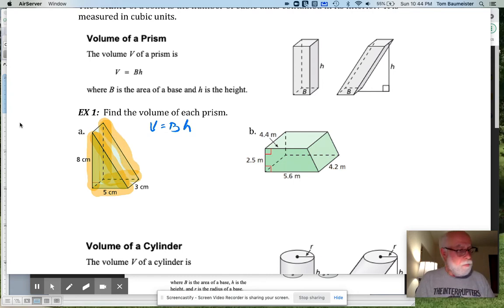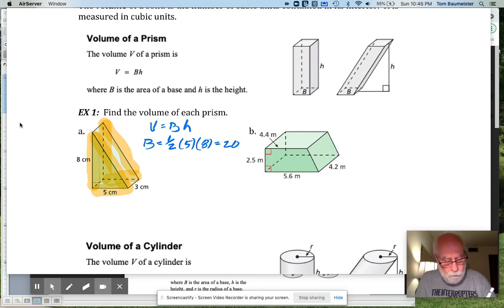What is the formula for a triangle? It's 1/2 the base times the height, and that would be the little base. On this one, our base would be 5, and our height would be 8. If I work those out, I'll find that is 20.